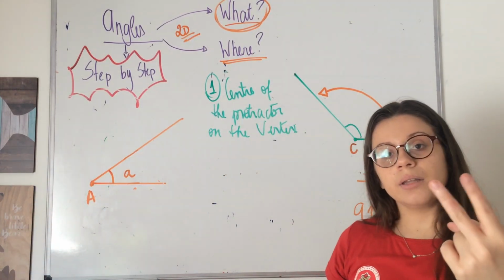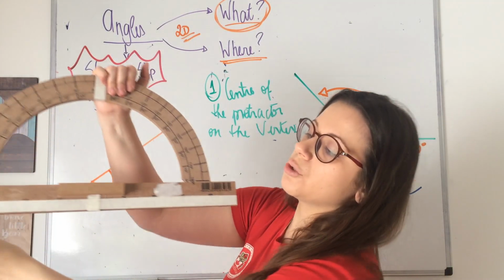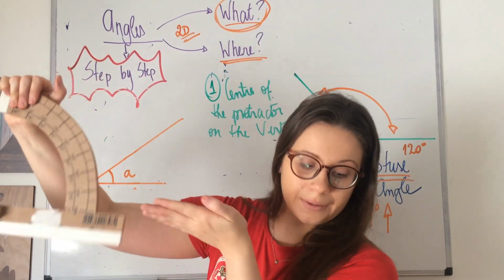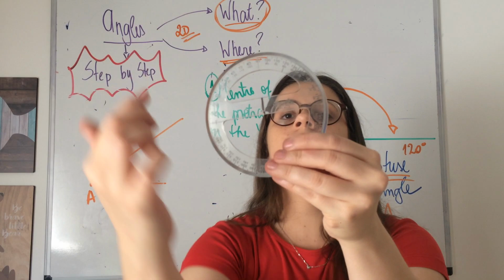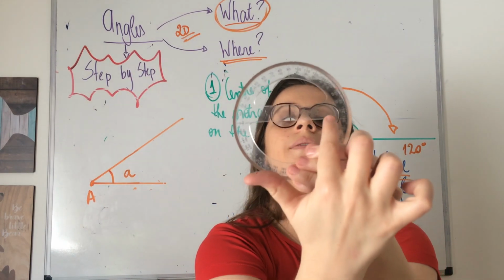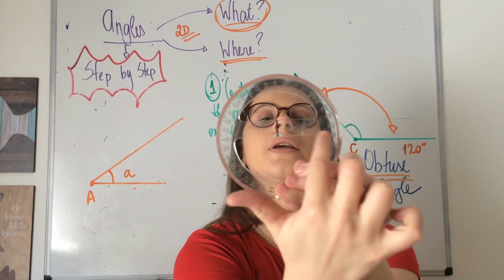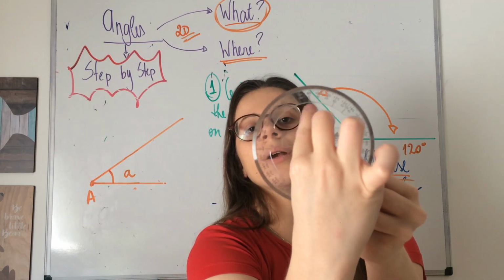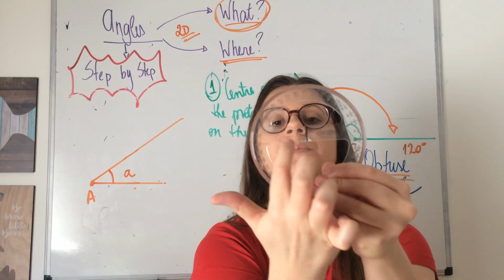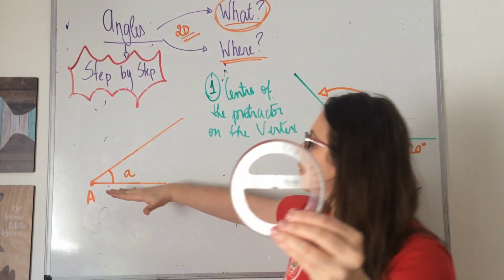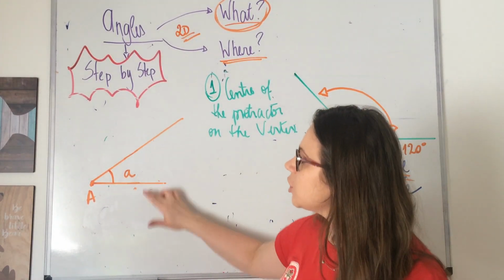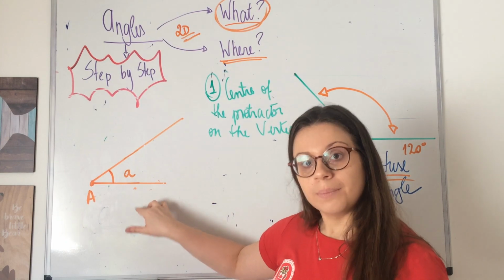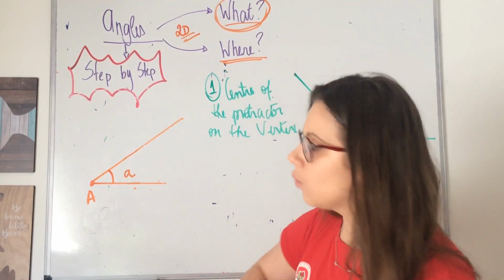Now, second thing, on the protractor we have what we call a baseline. In your protractor, this is your baseline, okay? It's this line over here. It's this part where you hold. This baseline needs to be on the arm of the angle. It doesn't matter which arm of the angle, but you have to choose one of the arms.